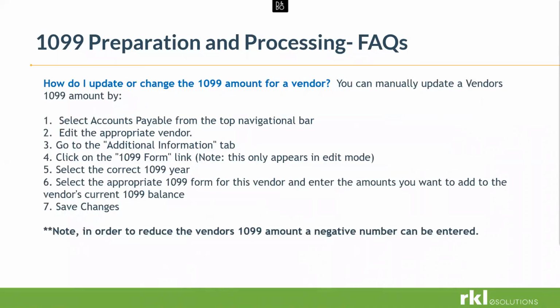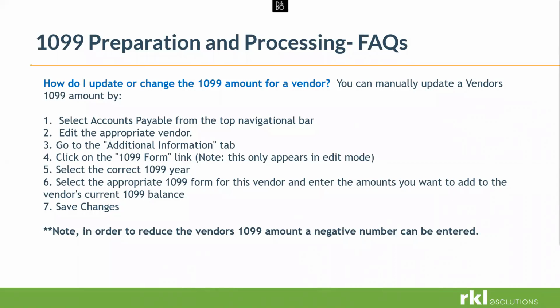Updating and changing the 1099 amount. How do you update or change the 1099 amount for a vendor? We kind of went through that. It would be in the Additional Information tab under Vendor. You click on the 1099 form link, then go down to the box and update it. Sometimes you may need to subtract, so you can plus or minus the amount to adjust to the correct 1099 amount if there's an issue.